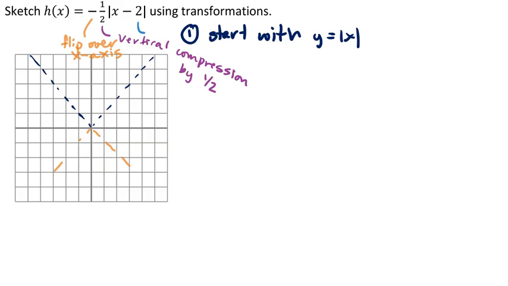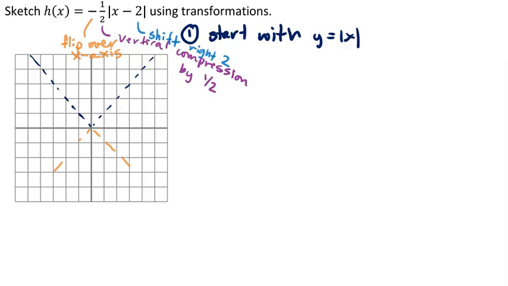And then if you subtract 2 from your x's, that is in with the x's, so it will do the opposite. Remember, adding, subtracting is shift, multiplying, dividing is compression or stretch. So that is a shift to the right by 2. So opposite of what it looks like for x's.